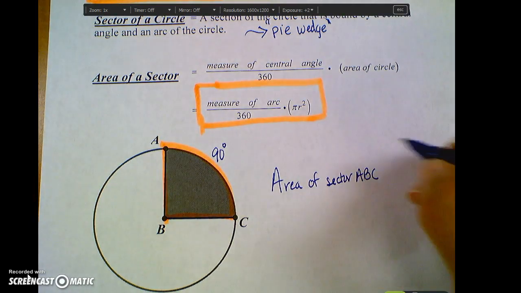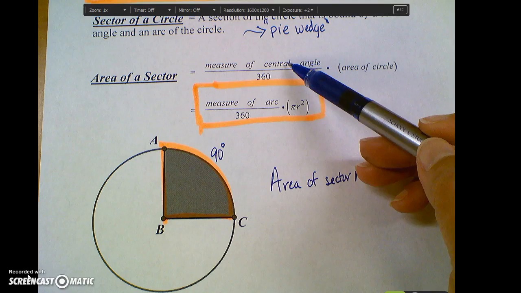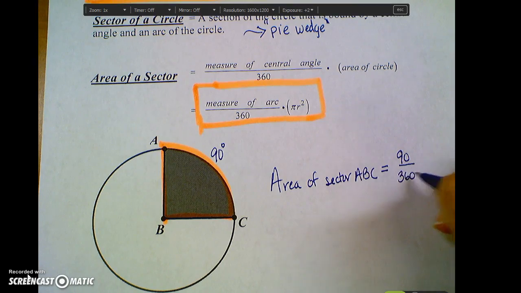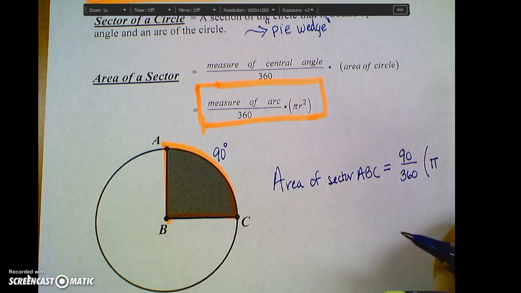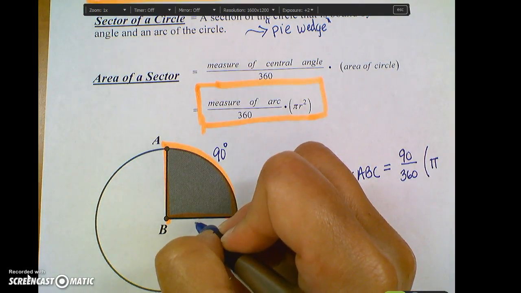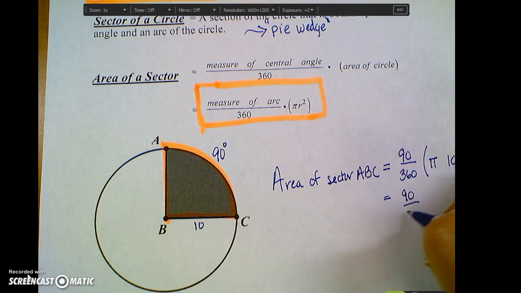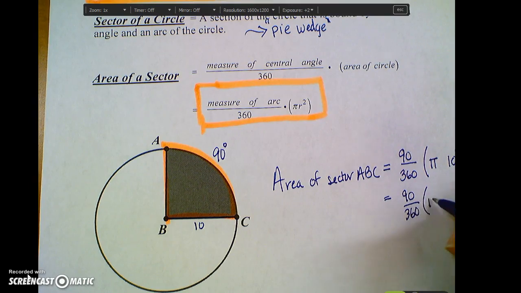to calculate that, we would do our central angle, which is 90 degrees, which is also our arc measure, over 360, times pi. I don't have a radius here. Let's go ahead and say that radius is 10 for argument's sake. So pi 10 squared, and then we would just go ahead and multiply that out.